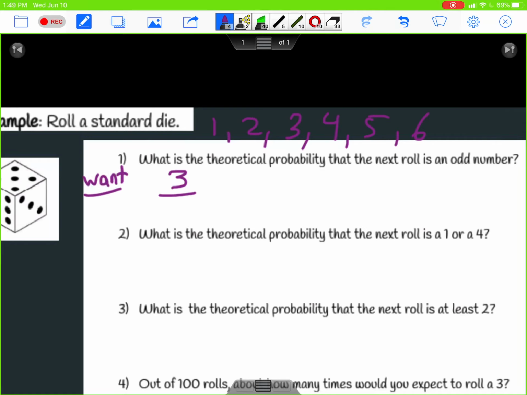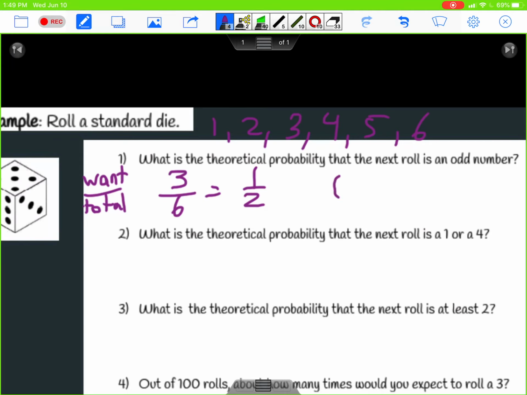Remember, you want what you want over the total. So there's 3 odd numbers over 6 total. You simplify and you get a probability of 1/2.